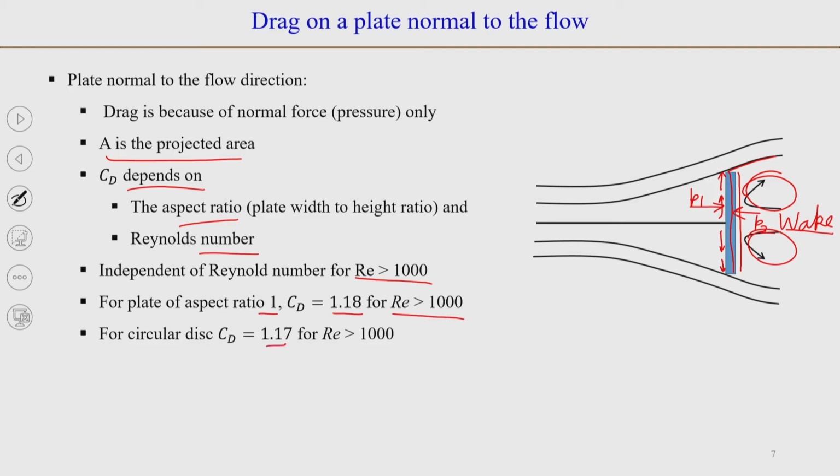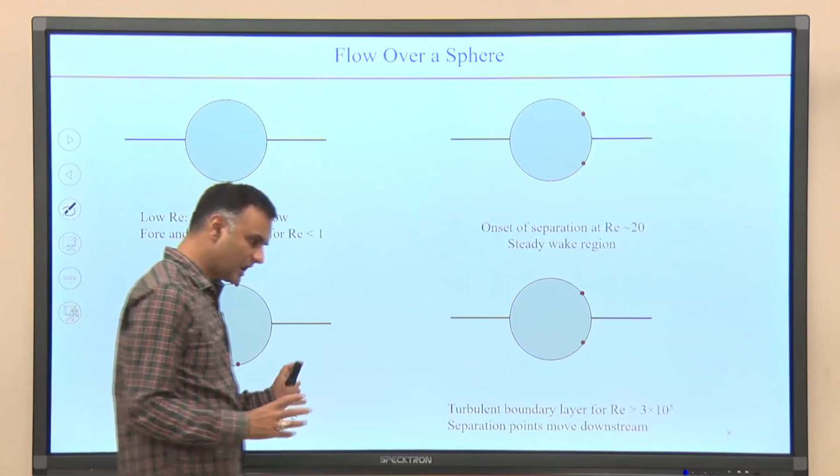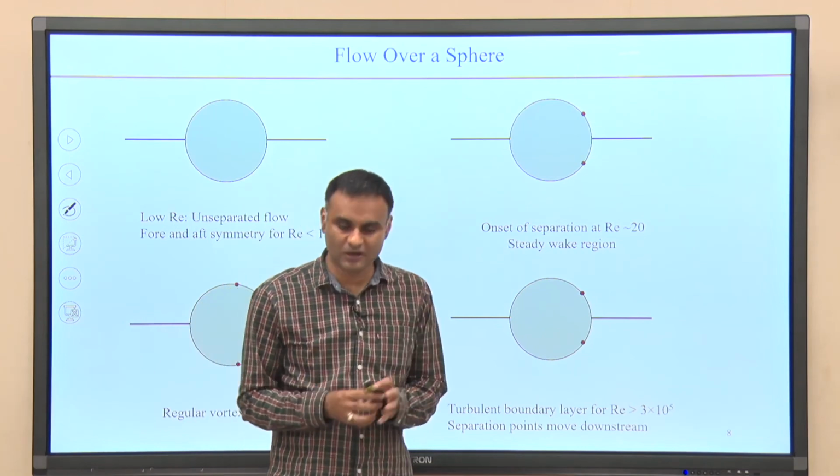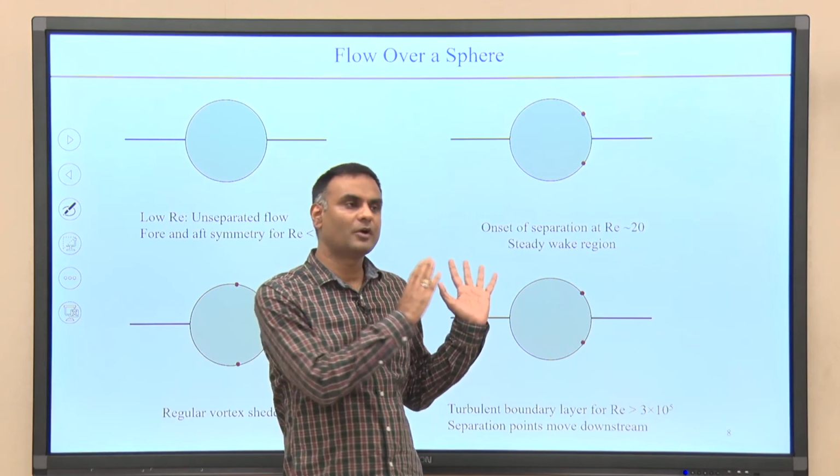The values are very close to each other, so for a circular disc or a square disc the value is about 1.2.